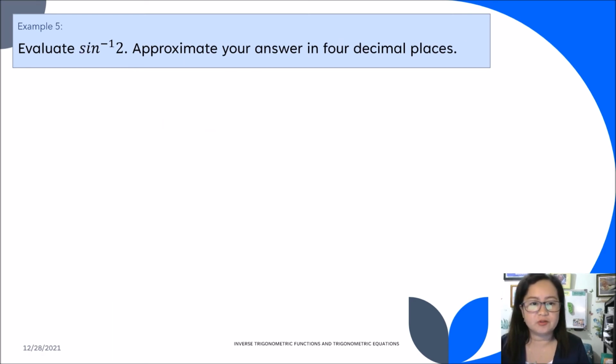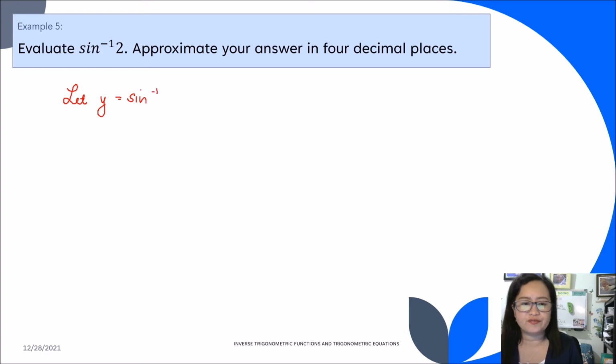Now let's work on example number 5. Evaluate arcsine 2, approximating your answer in 4 decimal places. So we do the same in solving this problem. We let y be equal to arcsine of 2.